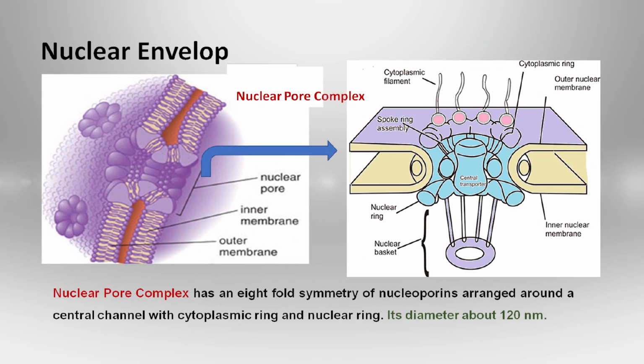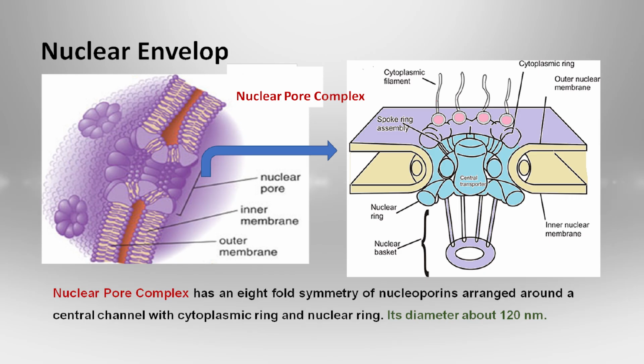Now let us understand the major structural components of the nuclear envelope. The nuclear envelope has two nuclear membranes, the inner membrane and the outer membrane. In between the outer and inner membrane there is a space which is called the perinuclear space.